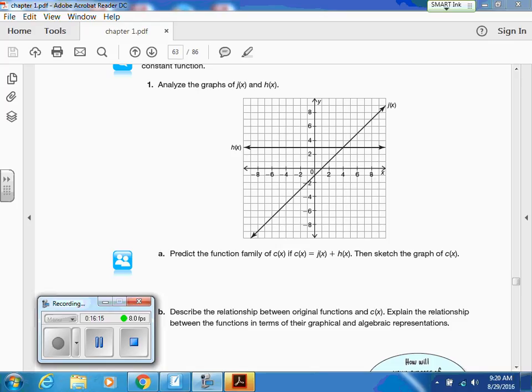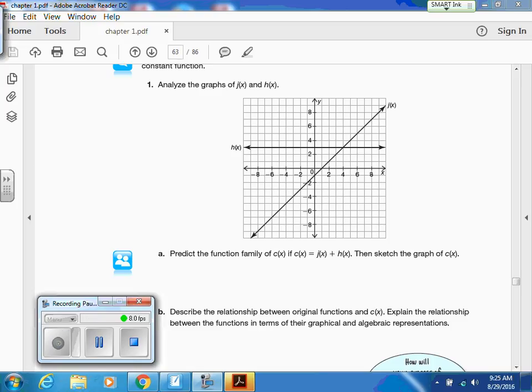Describe the relationship between the original functions and C of X. Predict the family of functions if you were to subtract them, and then sketch that graph and describe that relationship. So I'm going to give you 4 minutes to do all of problem 2.